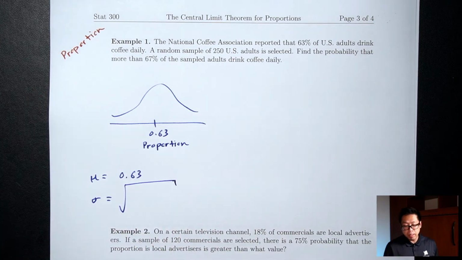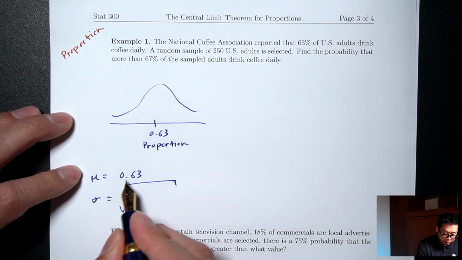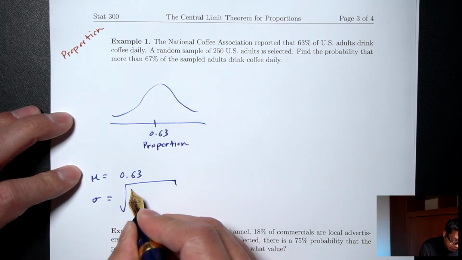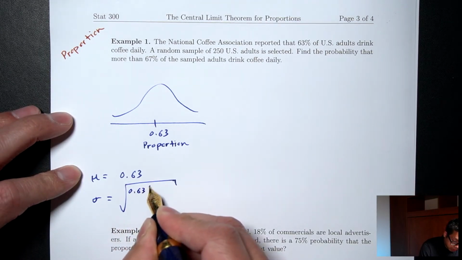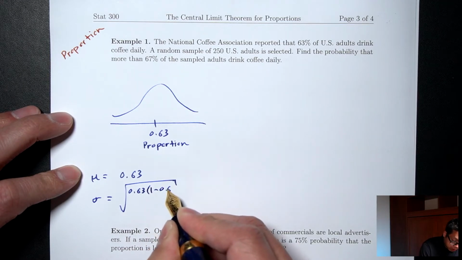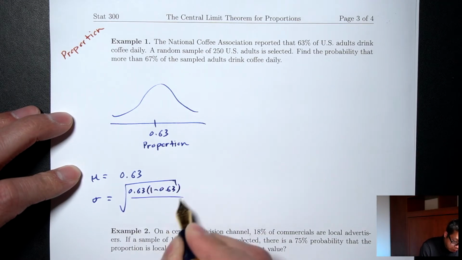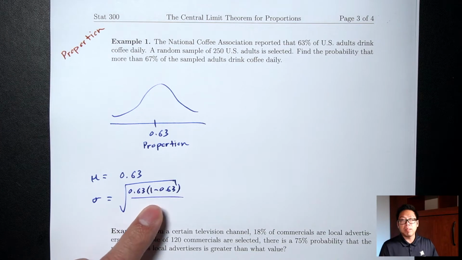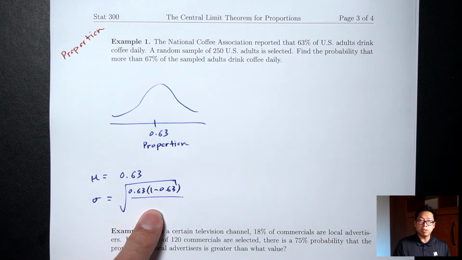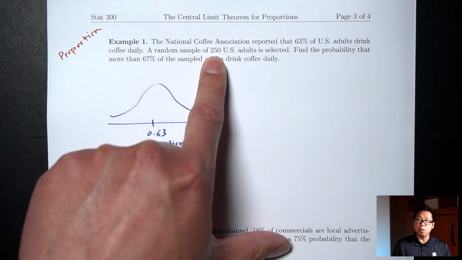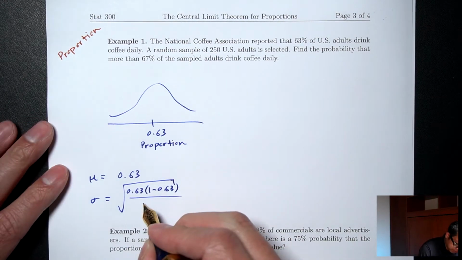Okay, and it says P, 1 minus P over N. P is this 0.63. So 0.63, 1 minus 0.63 over N. N is the sample size. In other words, how many people are we picking here? 250 US adults. So 250.